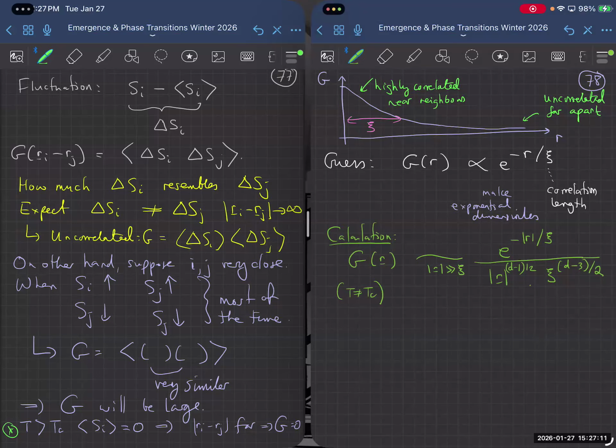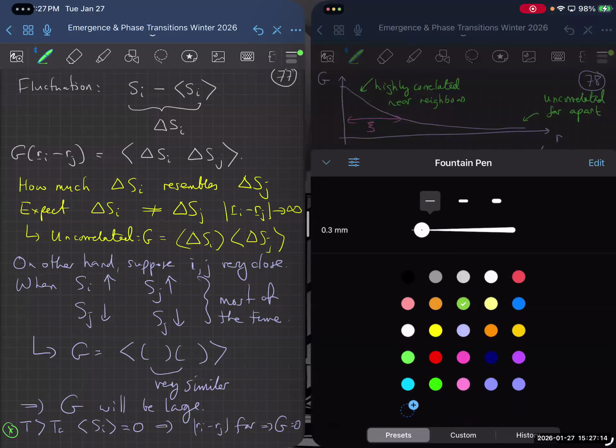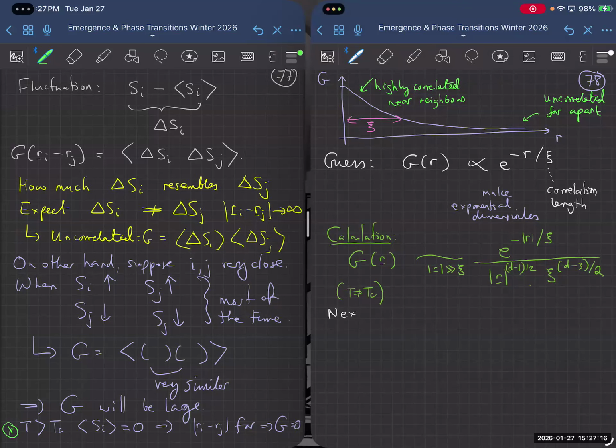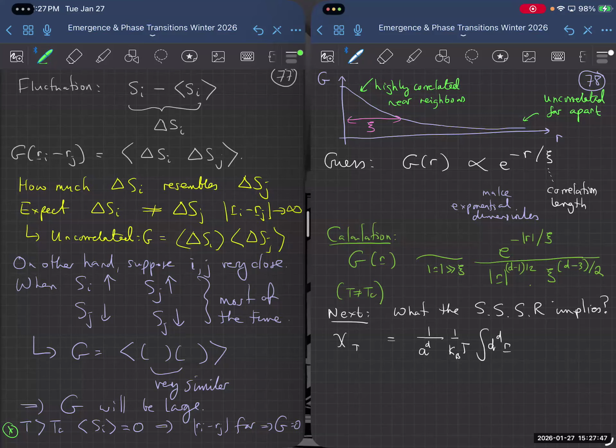All right. So now let's go back to the static susceptibility sum rule. The static susceptibility sum rule implies... So I showed you that chi is equal to 1 over the lattice spacing to the dth power, 1 over kBT times the integral over space of the two-point correlation function, like that.